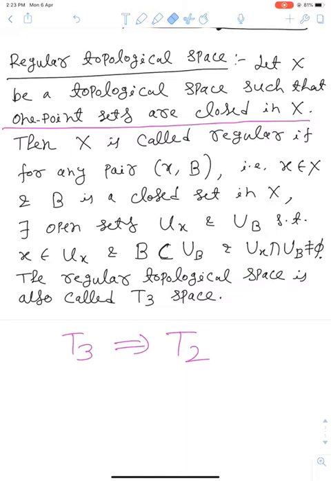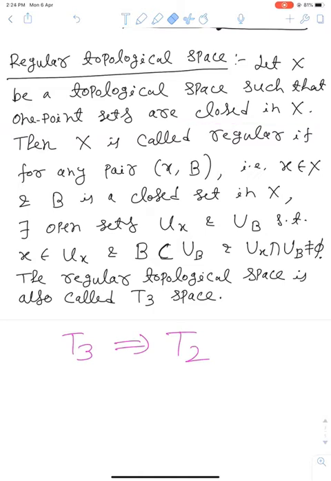That means this is Hausdorff as well. That means we get two disjoint open sets Ux and Uy, so that Ux contains x, Uy contains y, and Ux intersection Uy is empty, right? That means T3 implies T2.